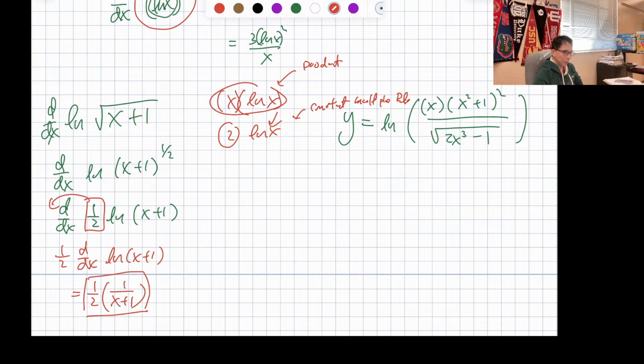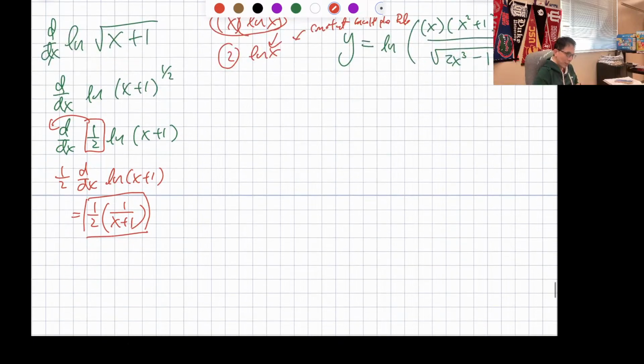What is constant multiple rule? Like the derivative of 2x squared. If I want to take the derivative of this, take the 2 outside. So it'll be 2 d over dx of x squared, and that's equal to 4x. So you don't have to do product rule if it's a number. You do product rule only if it's a variable. But in this case, this 1/2 can be all the way out here and ignore it.